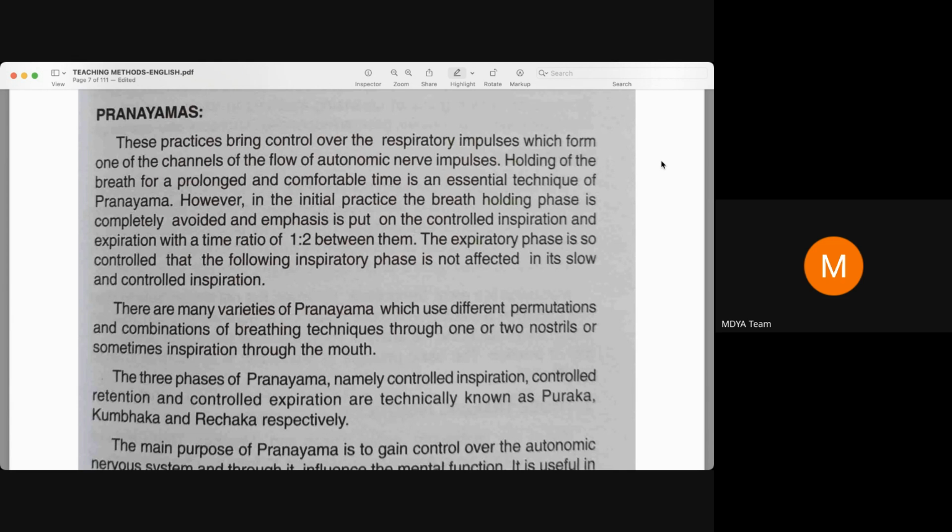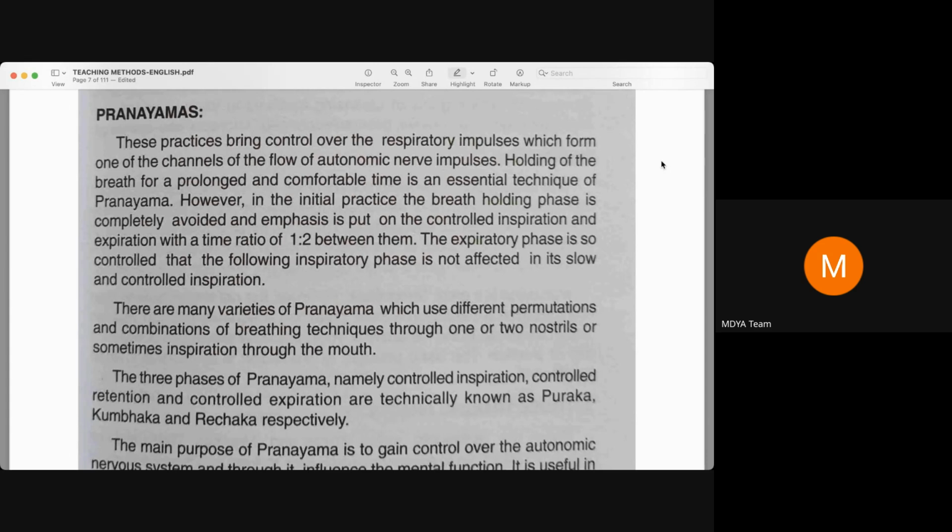So prana means that energy you will get from the oxygen, for the functioning of various organs, various glands. To extend that functioning, the extension of this energy is possible if you use the complete lung capacity.